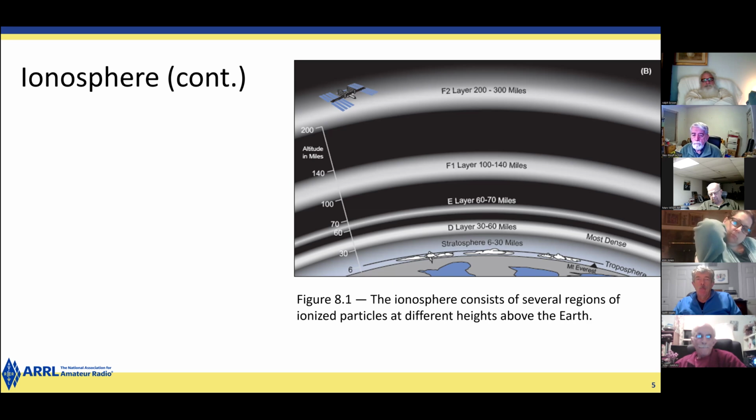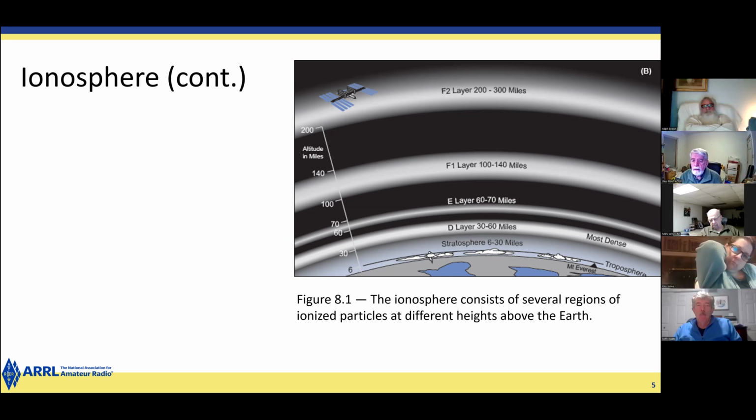So the layers of the ionosphere are the D layer, which is about 30 miles up, and it exists during the day. That's when ultraviolet radiation from the sun reaches the deepest into Earth's atmosphere and the closest to the surface.